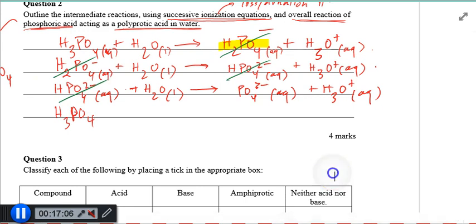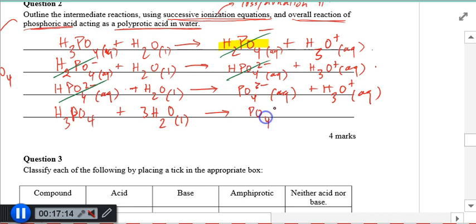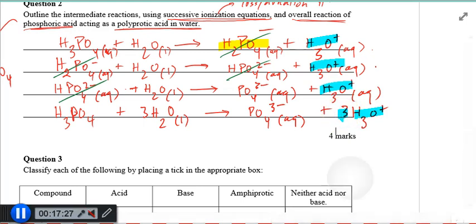So the overall reaction is, you add all the waters together, you get 3 waters, and you're left with this phosphate ion, and you get 3 hydroniums because you've added them all together. You've added this and this and this together to get 3 of them, and then you've added this and this and this to get 3 of them.